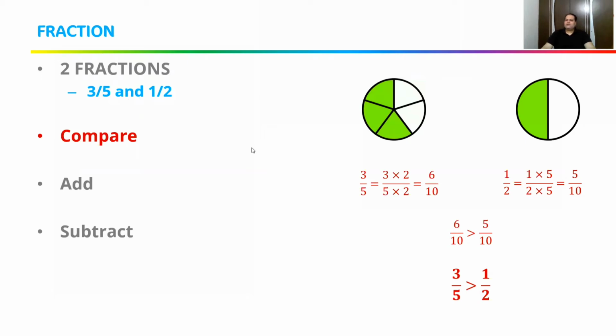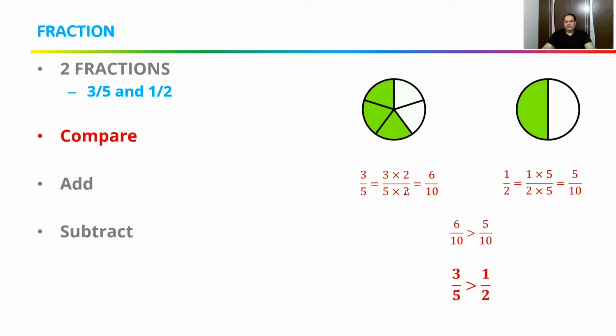So the idea of a decimal fraction is very simple. All you have to do is get a 10 in the denominator. So no matter what the fraction is, try and get a 10 in the denominator, of course, without changing the value of the fraction. So for 3 by 5, what would we do? We will multiply both numerator and denominator by 2, because 5 into 2 will give us 10.